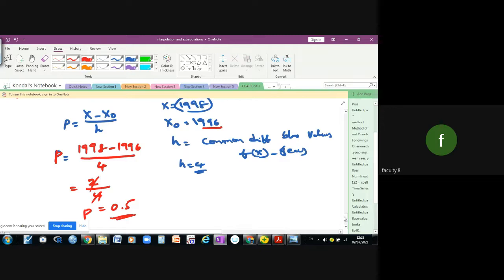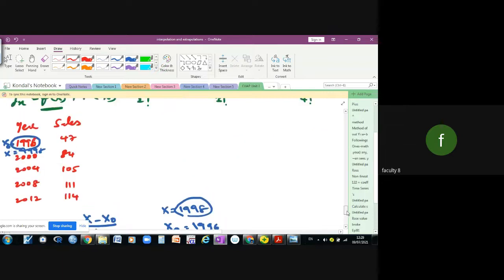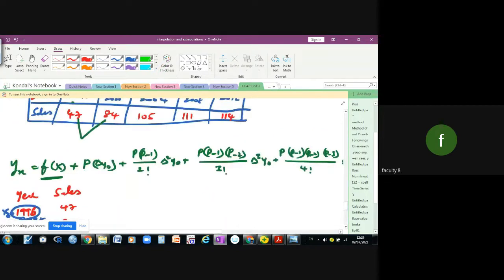Have you got the p value? Yes, sir. So we got the p value, that is 0.5. So here we have to find out f of x. Here f of x is nothing but the base year sales.